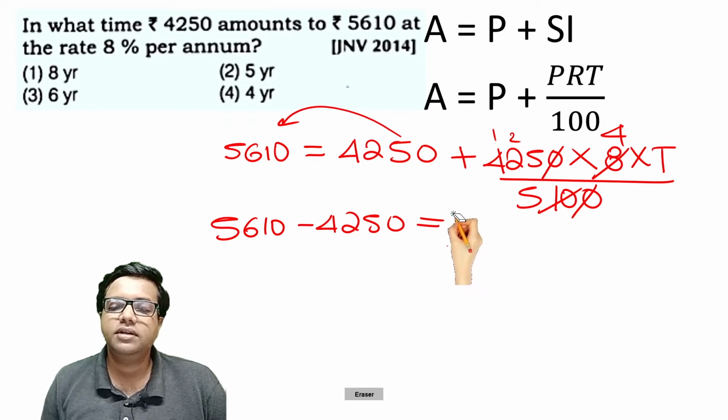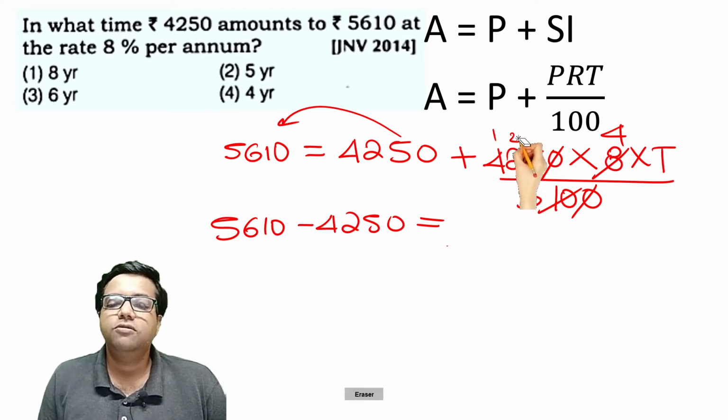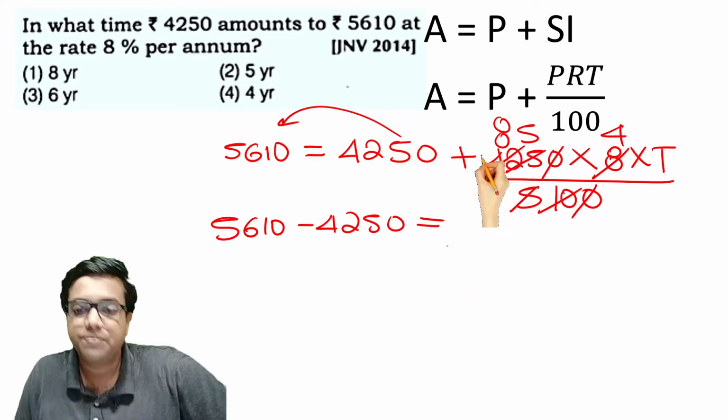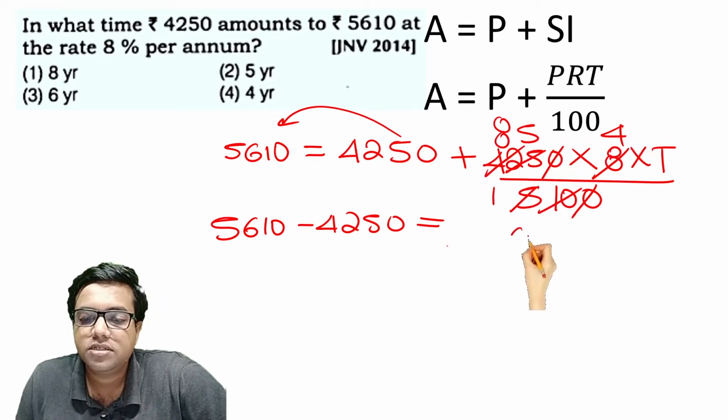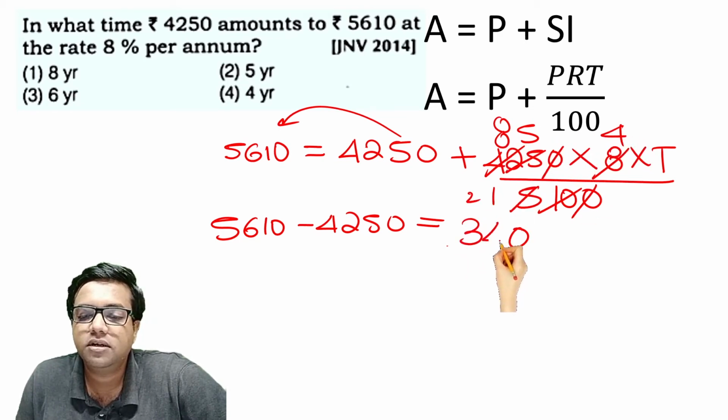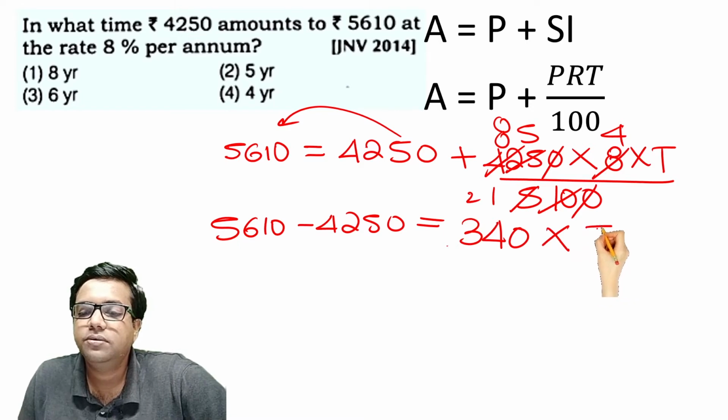Instead of taking 1700, I could have even divided this 425 with the help of 5. 5 ones are 5, 5 8s are 40, 2 remainder, 5 5s are 25. So this becomes 85 into 4, 4 5s is 20, 2 carry over, 4 8s is 32, 32 plus 2 is 34, 340 into t.